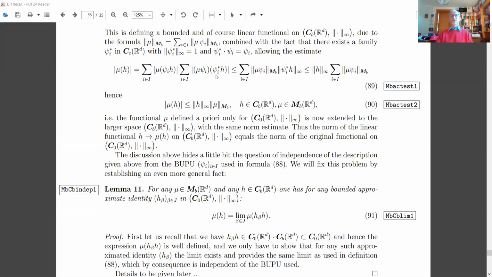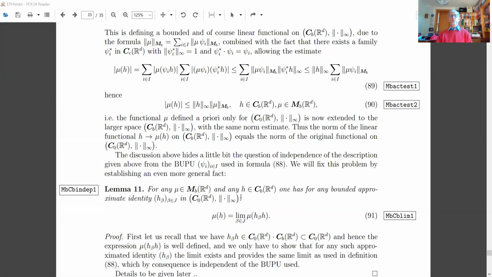By just multiplying your h with C0 functions, you would keep the main part intact, but you would be able to show that this limit exists and is the same as the mu of h that we have taken here. Roughly speaking, most of what happens with the action of mu is happening in a compact domain. So a finite partial sum is doing 99% of the action. If you just cut off the tails, it's not changing very much.